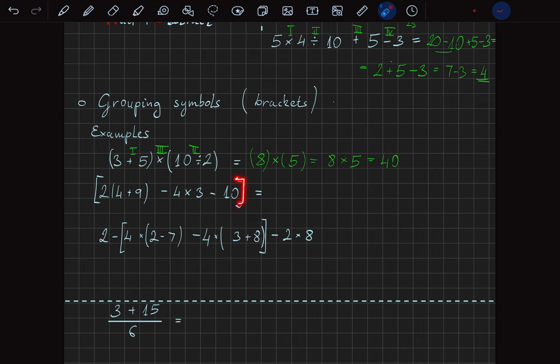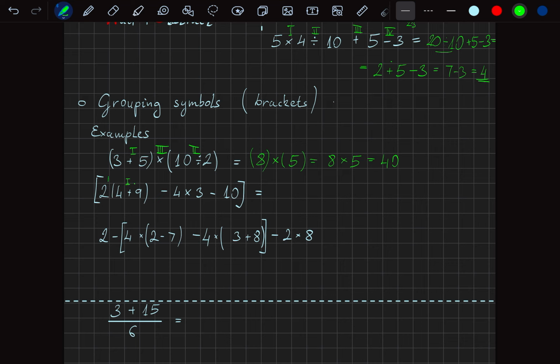Okay, we have a bracket and there is another bracket, a multiplication, subtraction, multiplication, another subtraction. So first the bracket. Sorry, I prefer to use this type of numbers, Roman numbers.